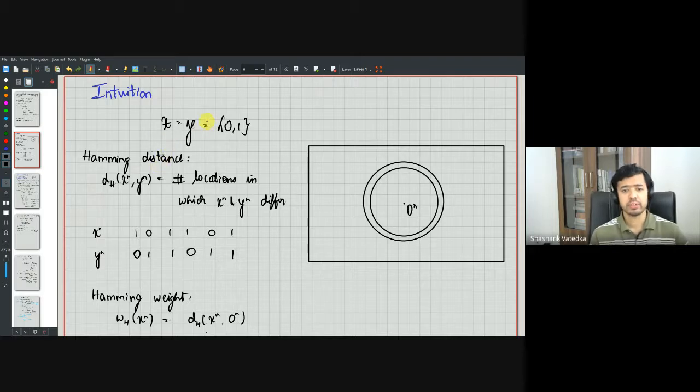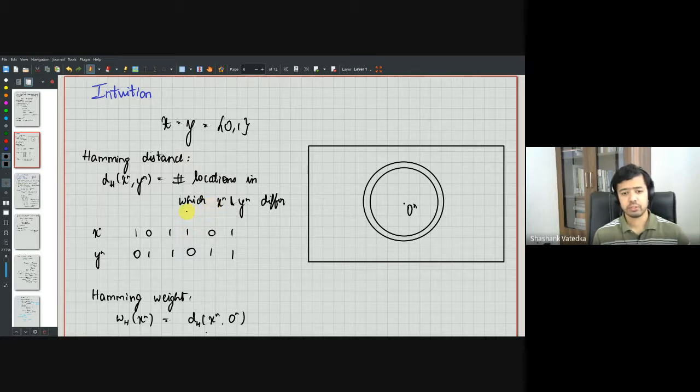Over this binary space, I'll define a distance between a pair of sequences, or between any two points in {0,1}^n. This is called the Hamming distance. You may have seen this previously. The Hamming distance between any pair of sequences is the number of locations in which the two sequences differ.